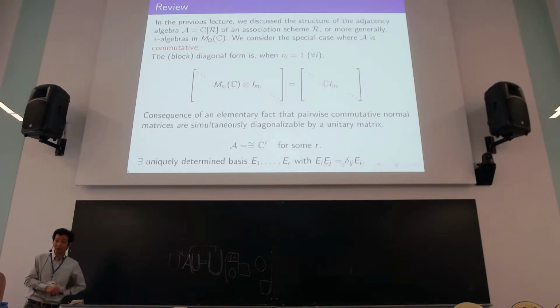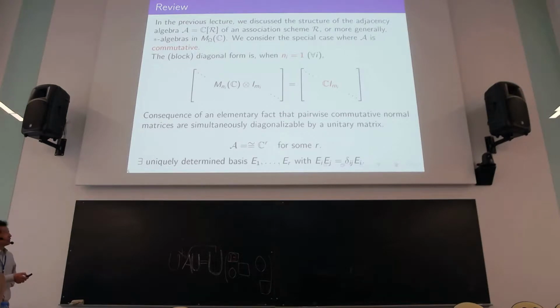So you have the unit vectors, and the unit vectors on the right-hand side are denoted by E_i on the left-hand side. They have the property that the product is 0 if the indices are different, and the square is itself. So this is such a basis of the algebra, which is isomorphic to C^R, and it is uniquely determined.